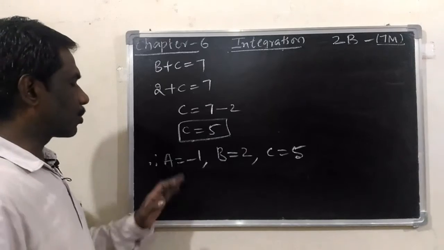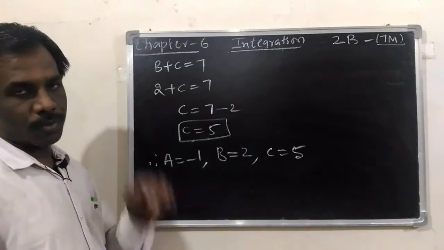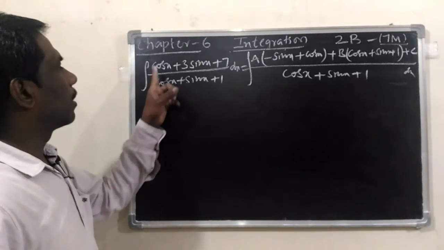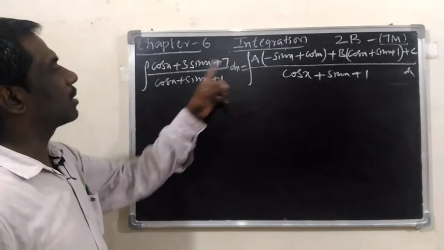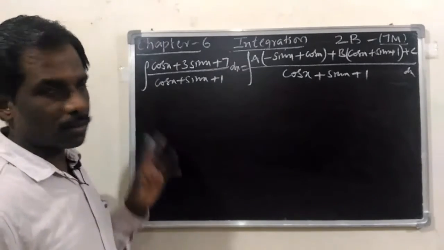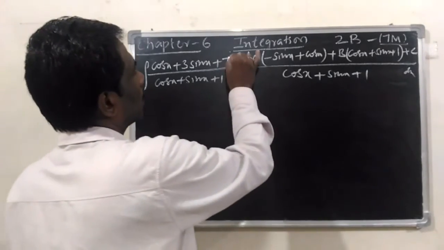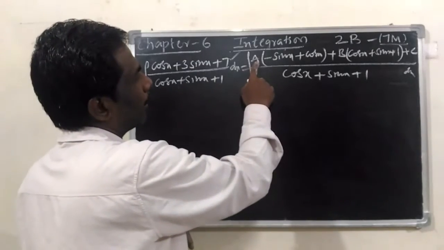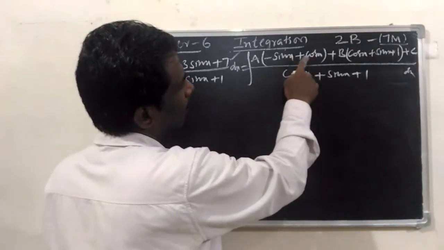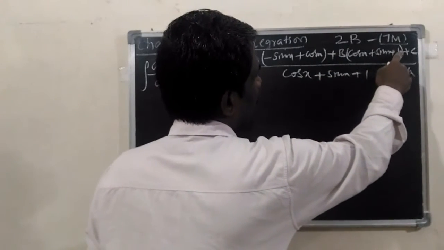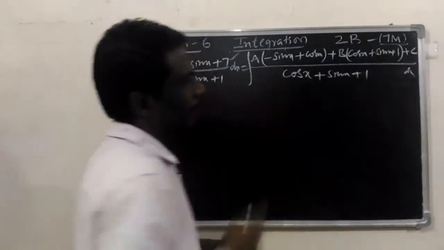Now I am going to substitute these three values. I wrote the question again: integral of cos x plus 3 sin x plus 7 by cos x plus sin x plus 1 dx is equal to, so instead of this numerator value, we can write a into minus sin x plus cos x plus b into cos x plus sin x plus 1 plus c.